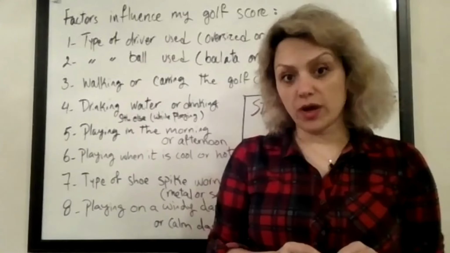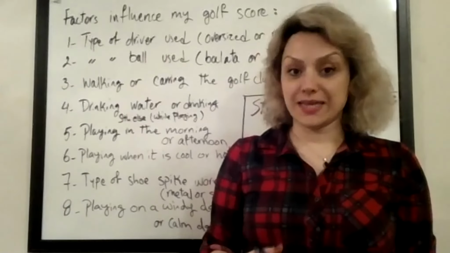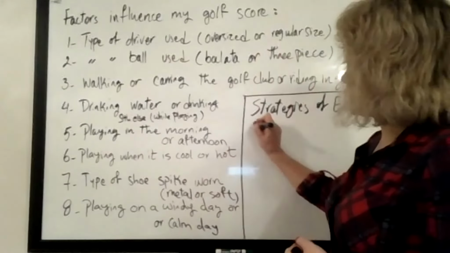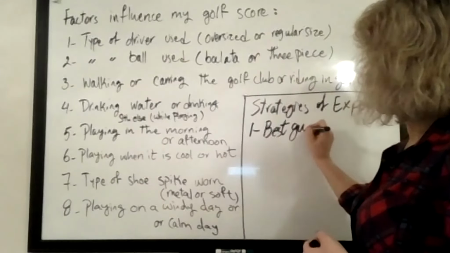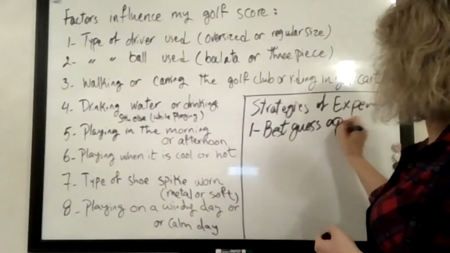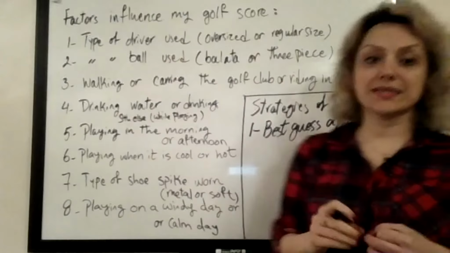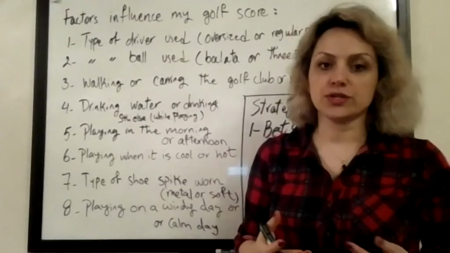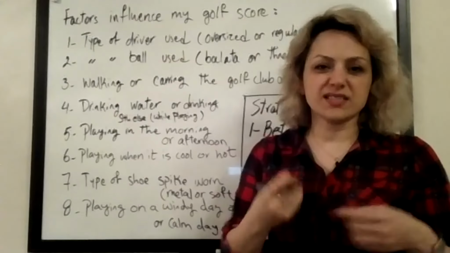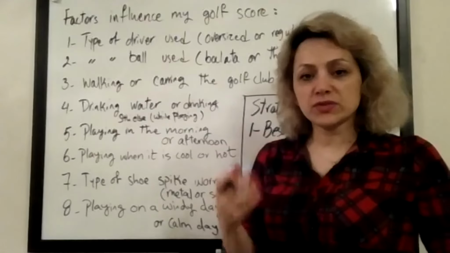And the first strategy, we call it the best guess approach. So I'm going to write it down here. When we are talking about the best guess approach, it's like selecting an arbitrary combination, then we test it.